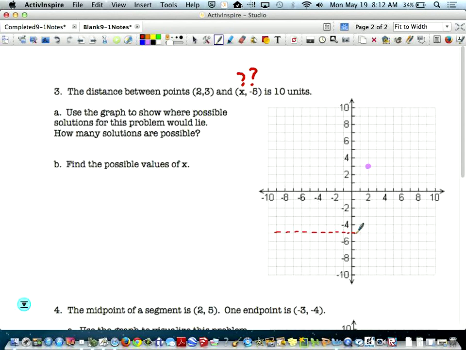Just put a dotted line so you know which one you're talking about. And then the distance is 10 units.